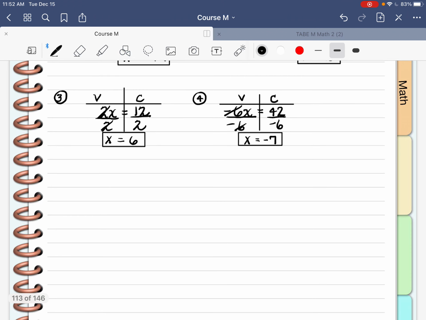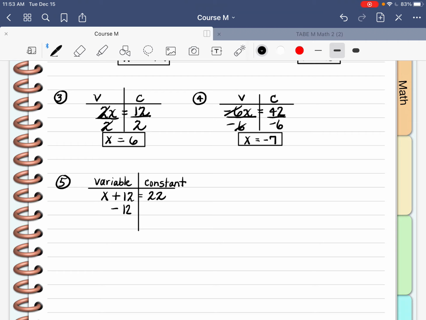Number 5. I have x plus 12 is 22. So this is a one-step addition equation. Variable on the left, constant on the right.